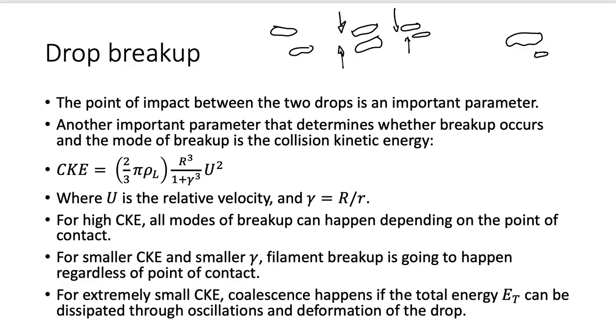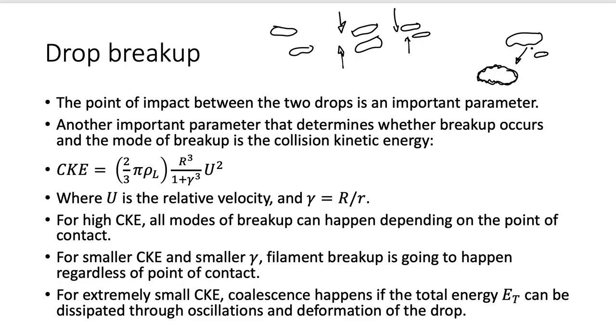And once they approach, obviously, it's like when you hit your car against something, this kinetic energy that existed before has to be transformed into something, right? And it can be dissipated through oscillations within the new thing that is formed. And oscillations may dissipate this extra energy, and so then you have formed a new droplet.